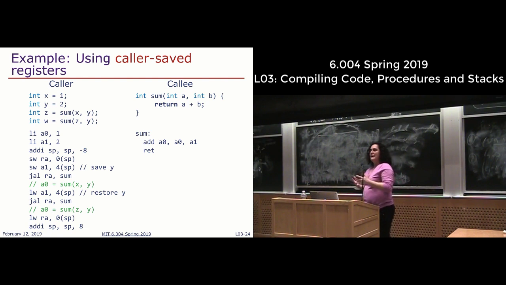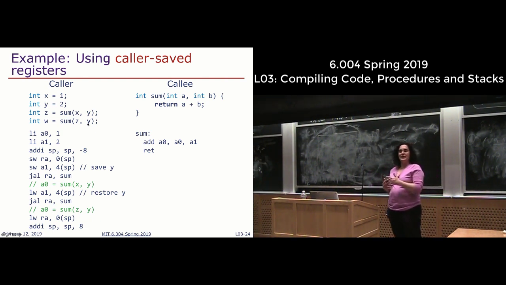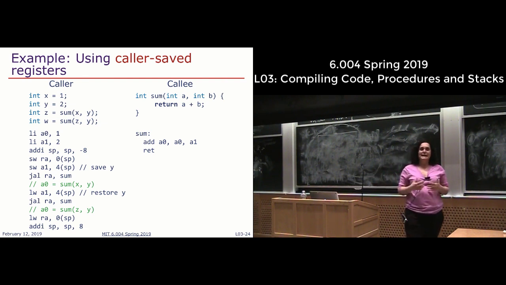When might I want to save my A registers? In this example, I'm calling sum 2 times, and so it needs this variable Y in 2 places. When I use A1 in order to call sum the first time and I return from sum, I can't be guaranteed that A1 still has that value of Y in it.